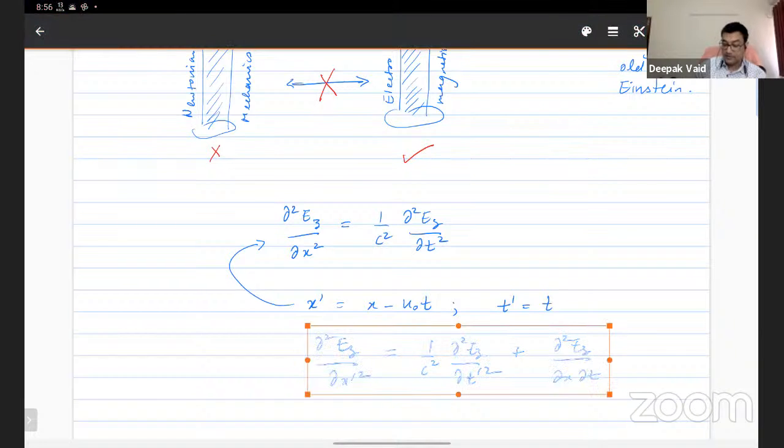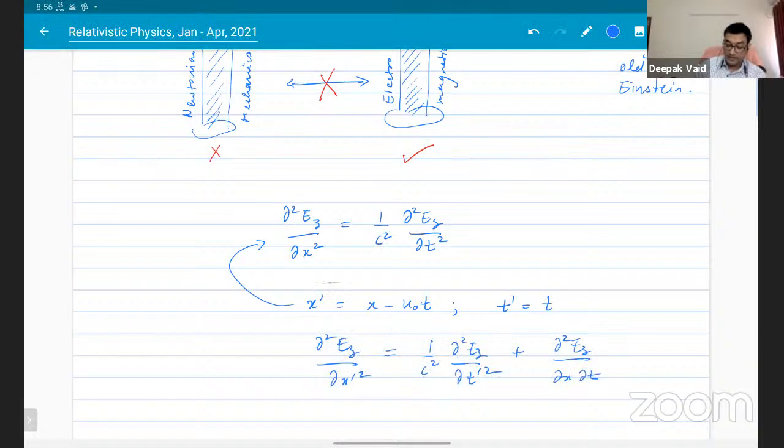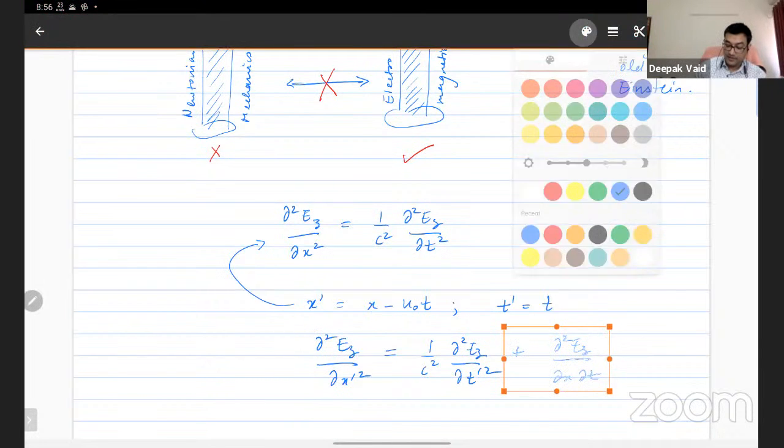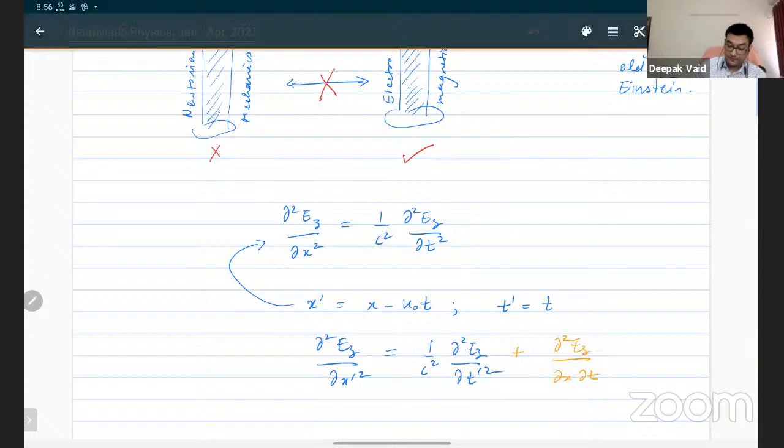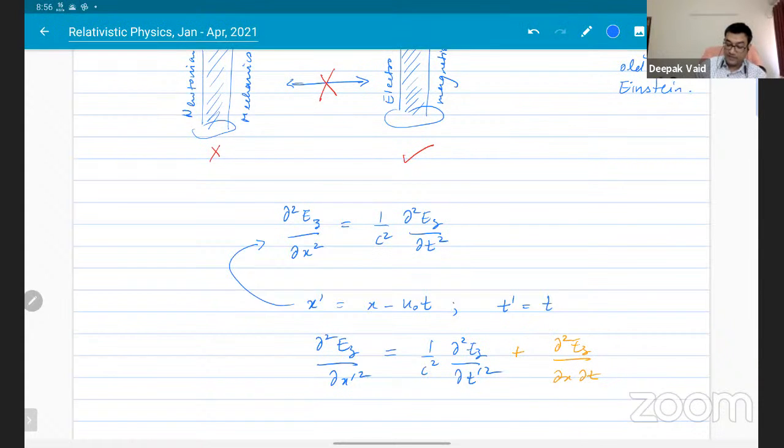So according to the Galilean transformation, right, you get this extra term. But if you have this extra term, then your wave won't look the same. You won't have a wave equation, right?